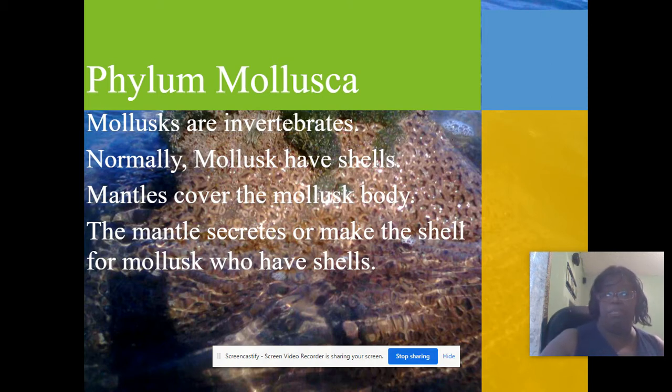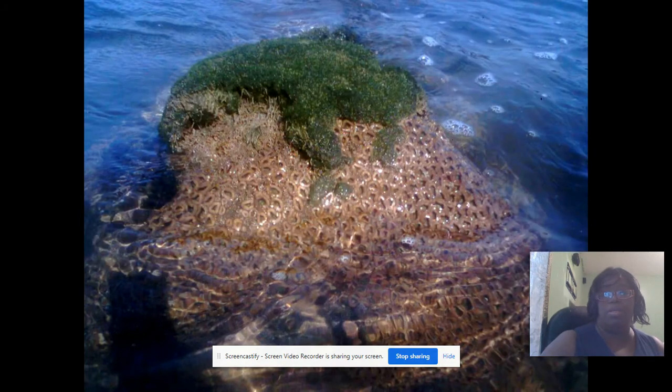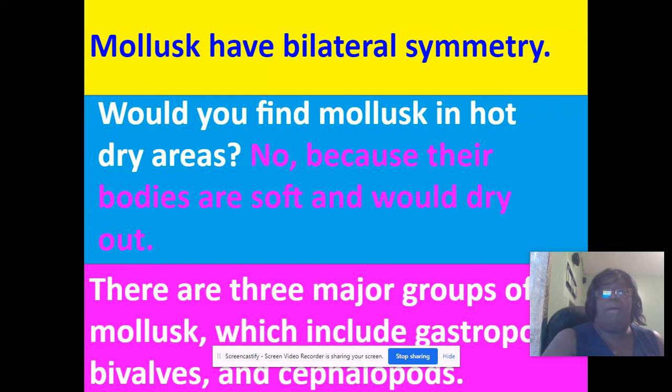So those are just important things. So the mollusks are invertebrates. They have shells. They have mantles that cover them, which secrete the shell. And that's just a nice picture of a little clam shell or some type of mollusk.